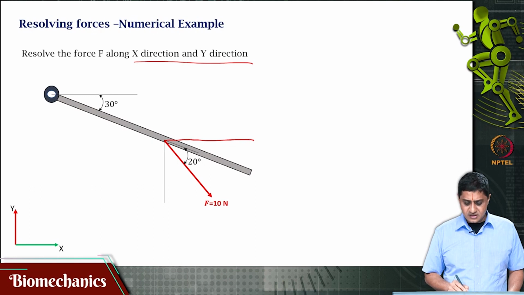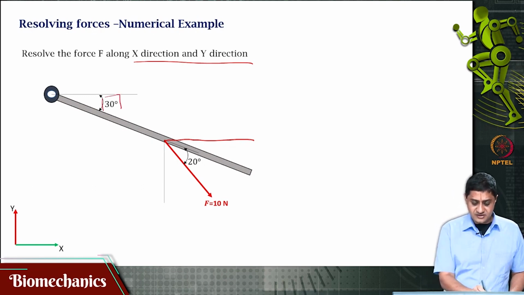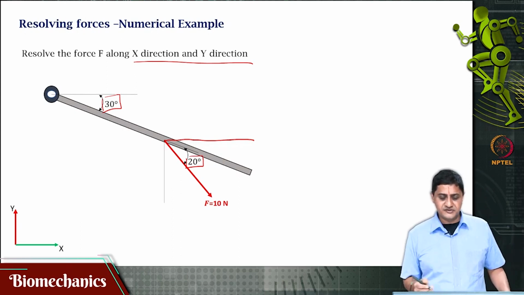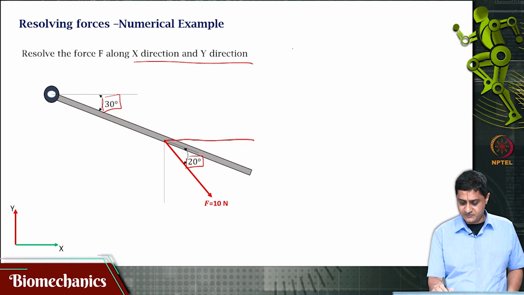Note that the bar is inclined at an angle of 30 degrees to the horizontal, the force is acting at an angle of 20 degrees from the bar. Okay. You can essentially add them to get the angle from which the force is acting from the horizontal, that is 50 degrees.